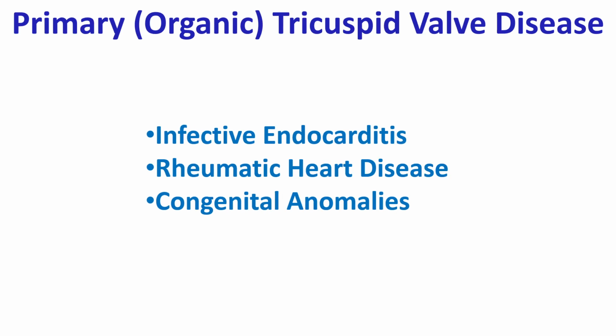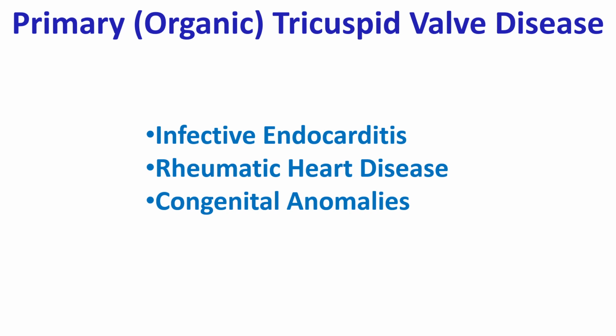Primary tricuspid valve disease stems from intrinsic structural, mechanical, or infectious damage to the leaflets, chordae tendineae, or papillary muscles themselves. It represents less than 10% of TR cases, but is a leading cause of tricuspid stenosis.